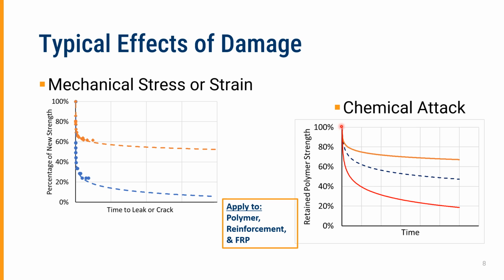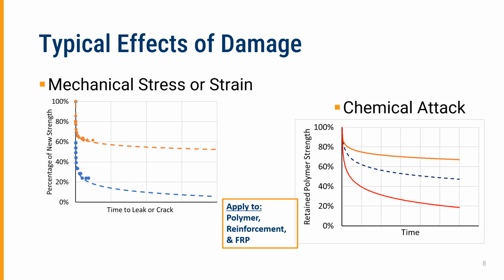And for a variety of different chemicals I'm showing here, we have a set of retained polymer strength data. You can see it covers a fairly wide range because it is related to the chemical that it's applied to.